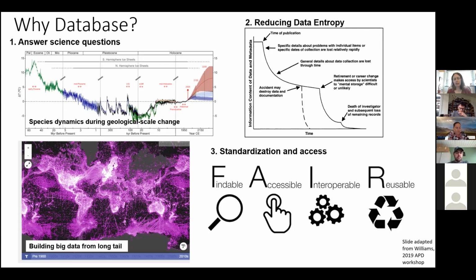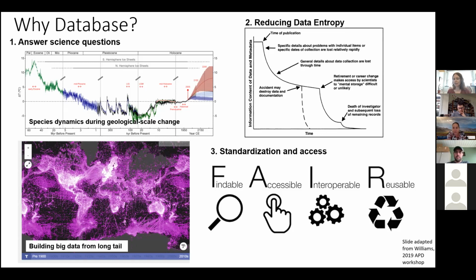The second reason, and I think this one is really important, is reducing data entropy. I have a figure up here that shows time on the x-axis and information content of a particular data set and metadata along the y-axis. You can get a sense that never is a data set more information rich than at the time of publication, but over time details are lost by the individual PIs that generated that data set.